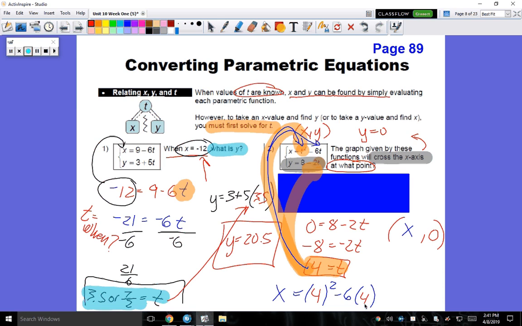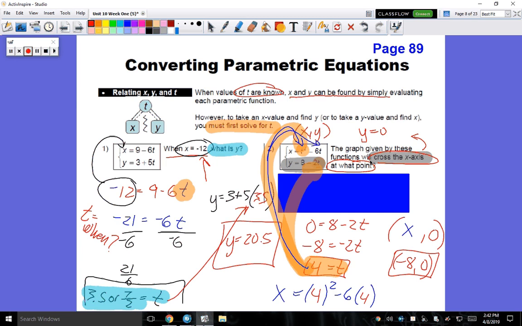And you get what value? Negative 8. So x is negative 8, and this will be your answer as an actual location point. So this graph will cross the x-axis at negative 8, 0.